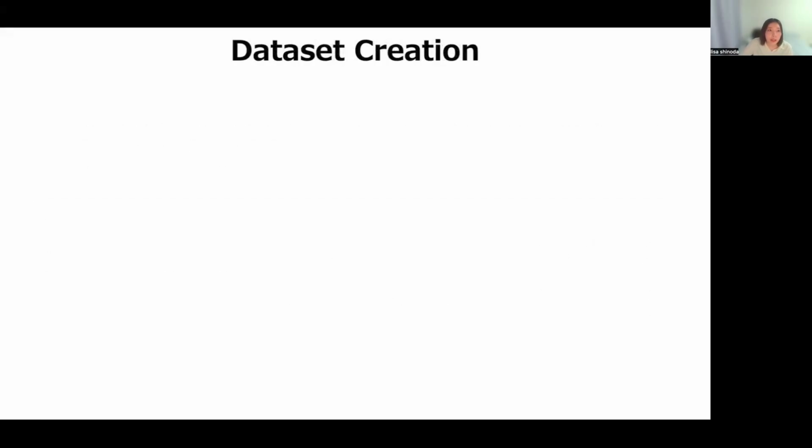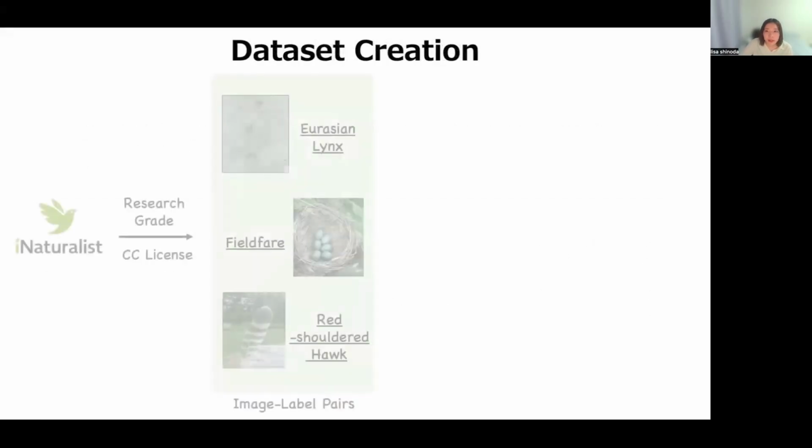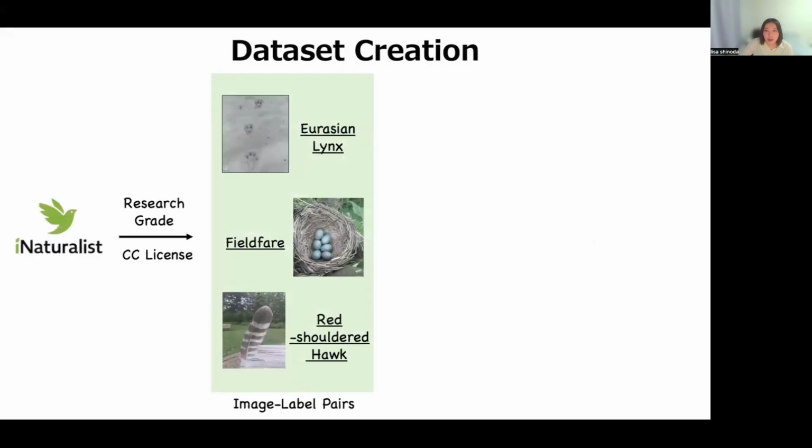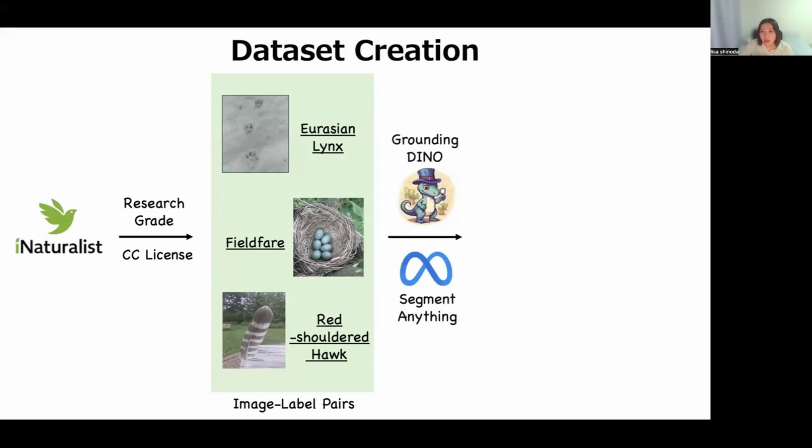So here is the dataset creation part. Firstly, we collected images and their species labels from iNaturalist, selecting only those that meet both conditions: they are research grade and they are under a Creative Commons license. After that, we use Grounding DINO and Segment Anything to create initial masks.